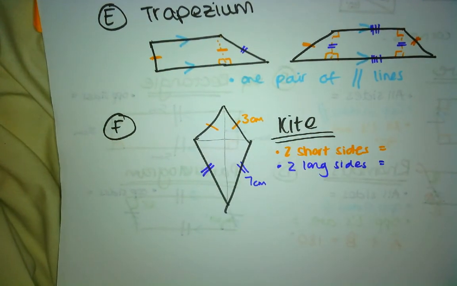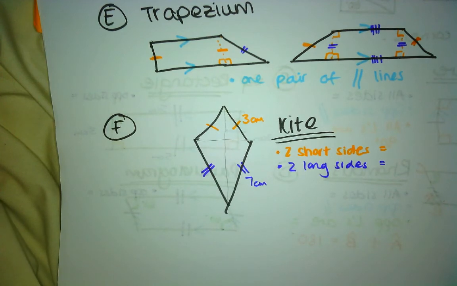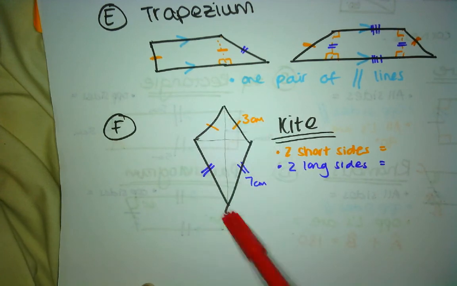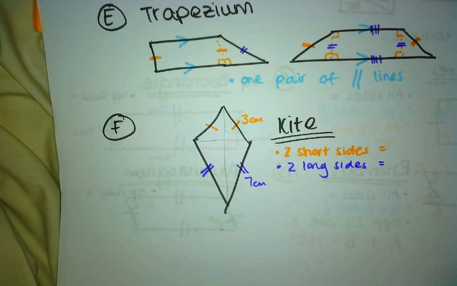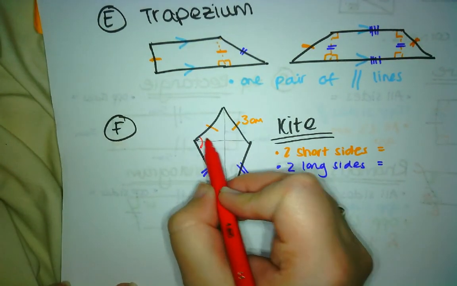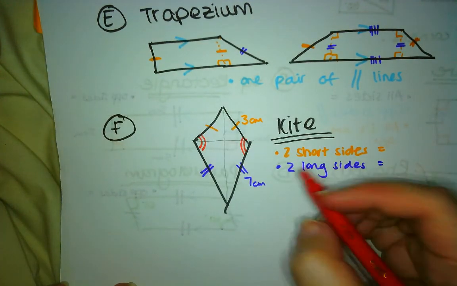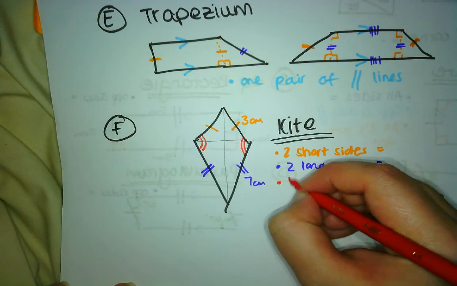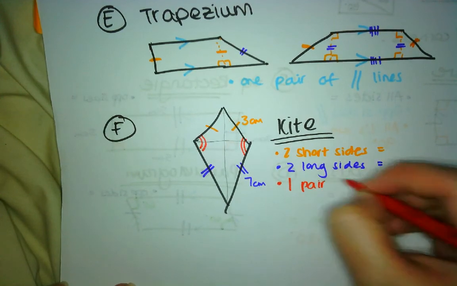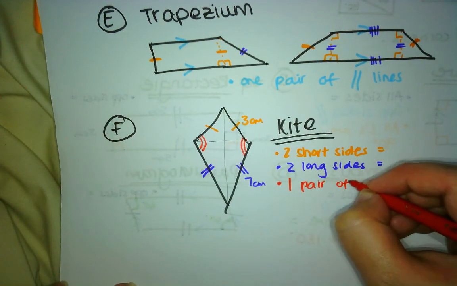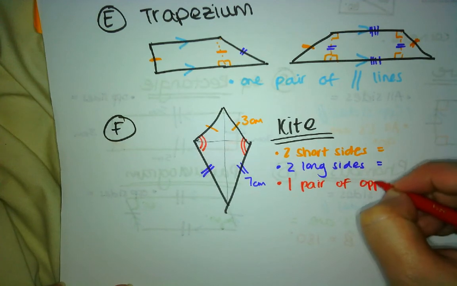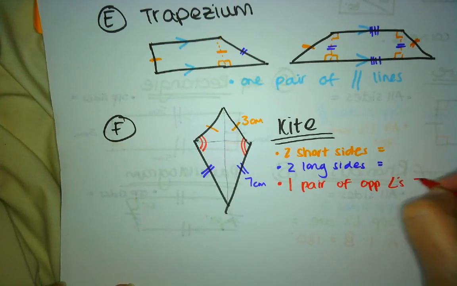Okay. Then, one more property that you need to know for now. There's more, but the only thing that they really want you to know, remember, it is also 360 degrees because 1, 2, 3, 4 points. Other thing that you need to know is that these angles here are the same. Okay, so one pair of opposite angles equal.